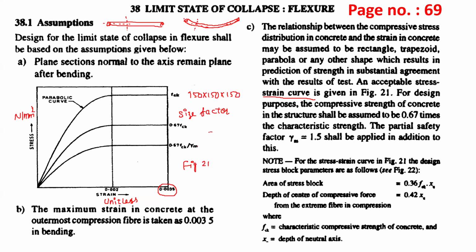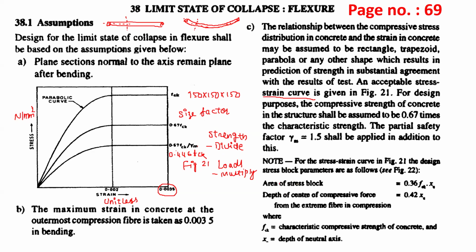Keep in mind, for strength we divide by the partial safety factor, and for loads we multiply by the partial safety factor. The partial safety factor gamma m is given as 1.5. If we divide, we get this value as 0.446 fck, where gamma m is 1.5.